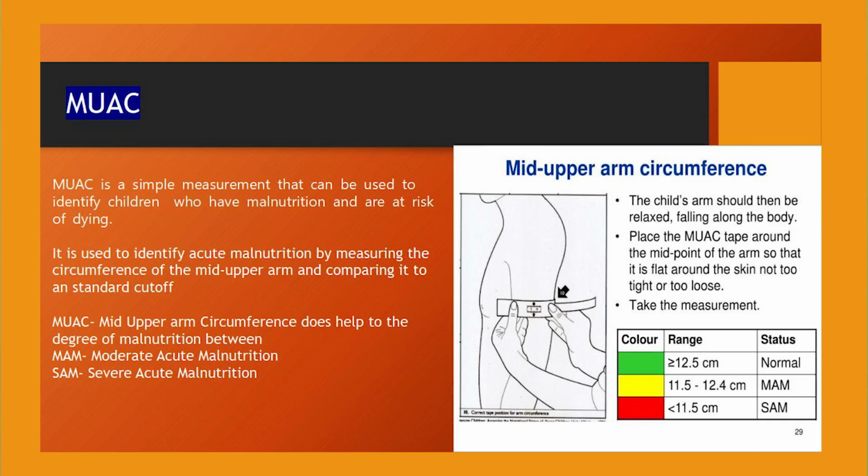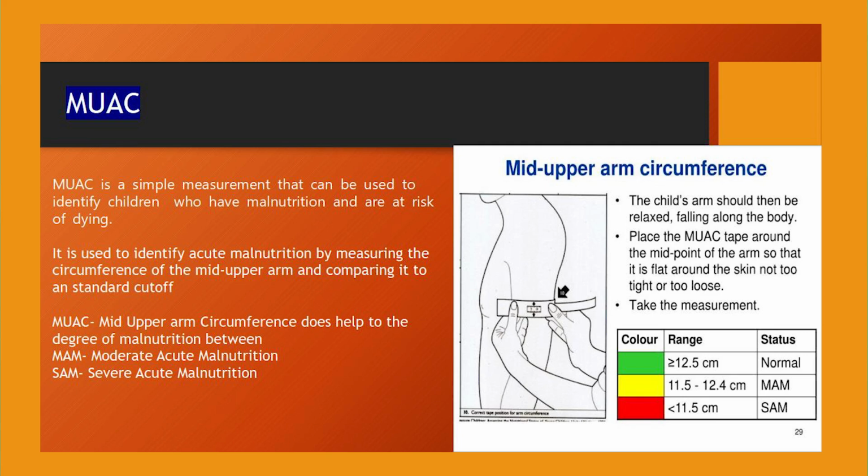See, what is important is that this particular index is not only going to help you categorize the malnutrition, but also going to help you assess whether the child or adolescent is at a stage where there is a high risk of dying. So, why is it used, how is it used?